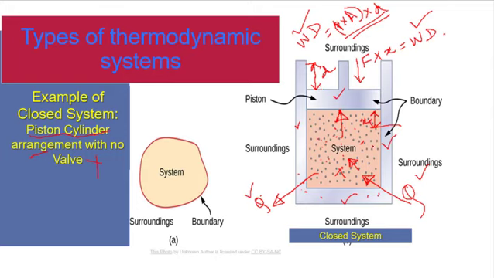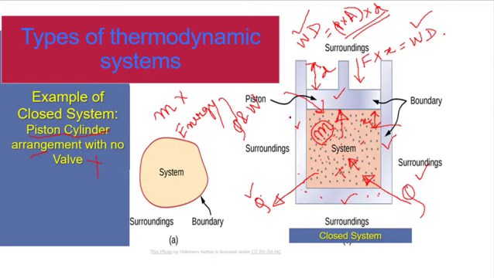So this is work transfer, this is heat transfer, but no way can the mass contained within this system boundary go out of the system, or fresh mass enter into the system. That means mass transfer in this case is not possible because of this arrangement, but energy transfer in the form of heat and work is possible, as we have seen.